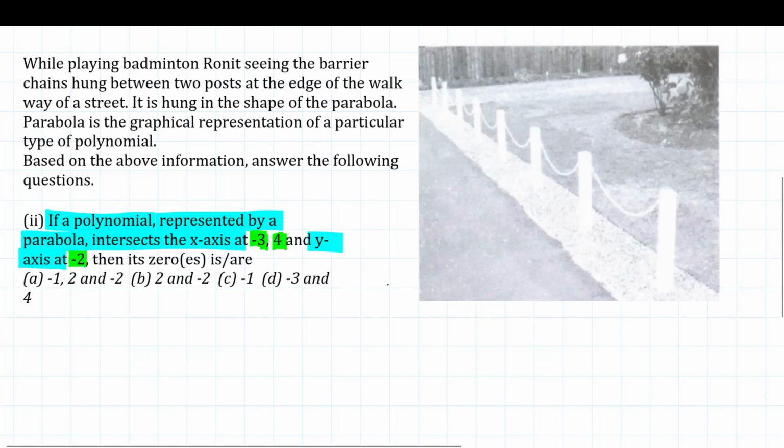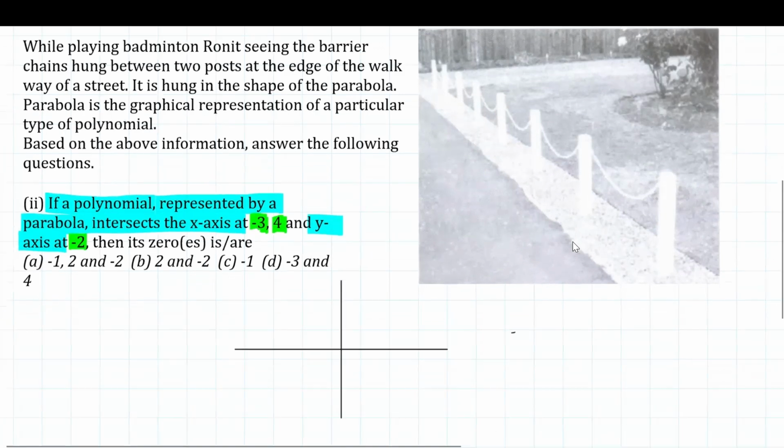So what you can remember from the previous question, as I said, if I draw a parabola something like this, right? The zeros of the polynomial is the x coordinate of the point where it is touching the x-axis and not the y-axis, right? So we can say from here the zeros of the polynomial, you can see that it is touching the x-axis number 1 over here and number 2 over here, right? As you can see, it's -3 and 4.